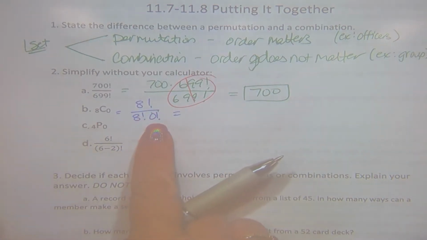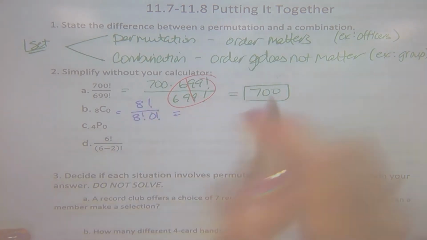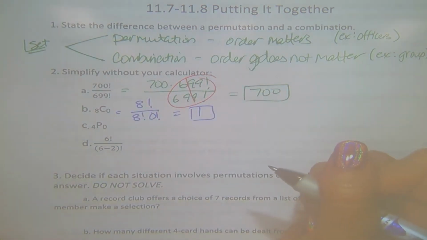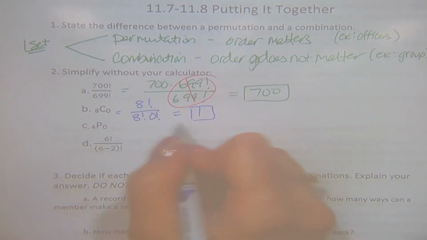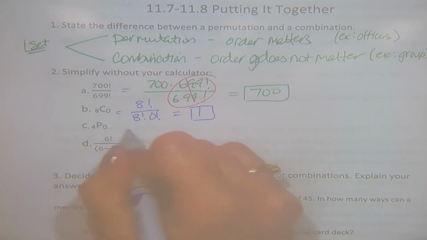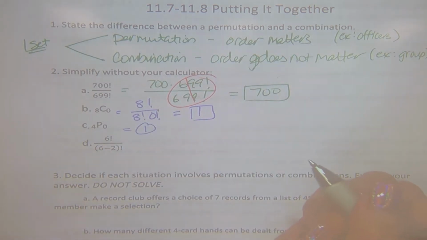We know 0 factorial is 1, and that is 8 factorial over 8 factorial. That leaves me just with 1. That same logic is going to hold for 4 choose 0. There's only one way to do that as well.